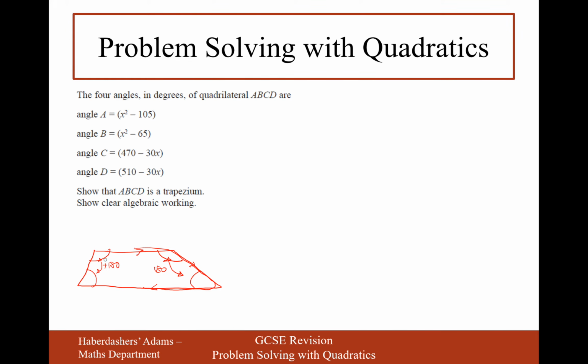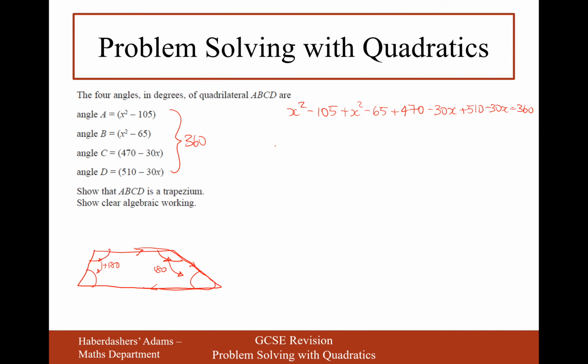So we need to show that two of these angles that are next to each other add up to 180. Now we also know that the angles inside a quadrilateral will add together to make 360. So let's do that bit first. x squared minus 105 plus x squared minus 65 plus 470 minus 30x plus 510 minus 30x equals 360.